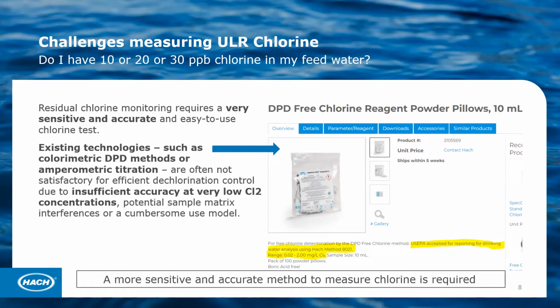Chlorine in itself is a very good oxidant, and it dissipates very quickly. So that is in essence part of the reason why it's so difficult to monitor at ultra low range levels.